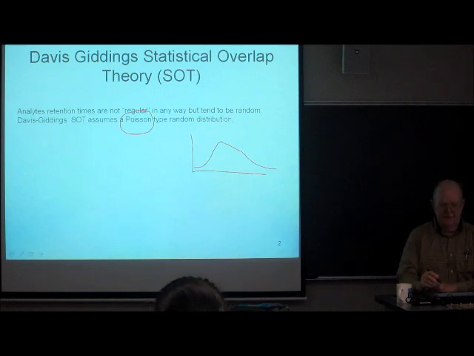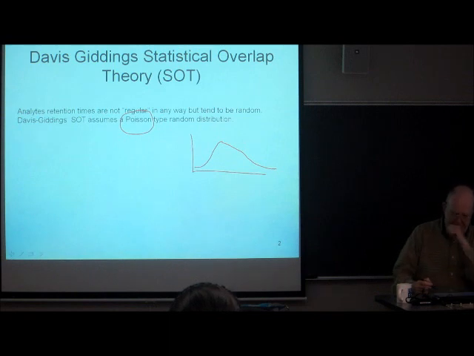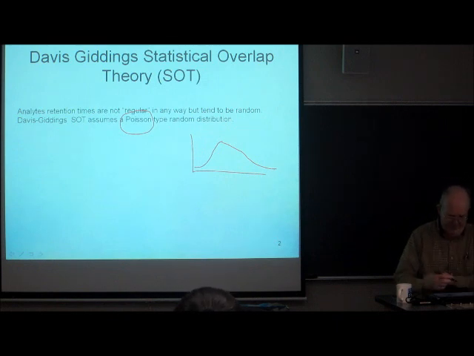It's not Gaussian, it's not symmetrical, it's not flat. It goes up relatively rapidly and then it comes down slowly. So it's a fairly peaked distribution. But it's the kind of distribution that you get when you do counting statistics.